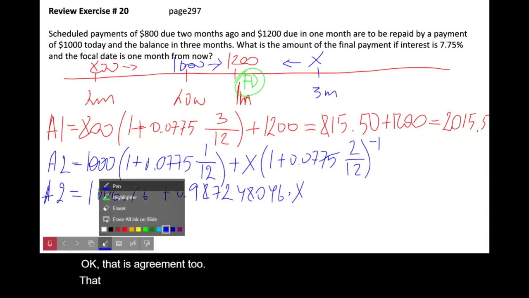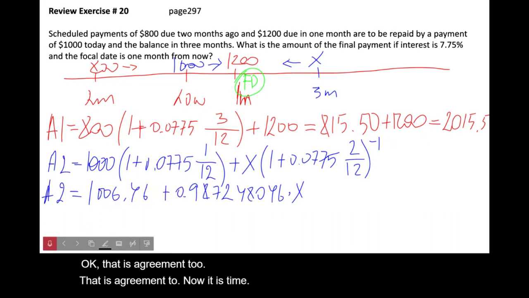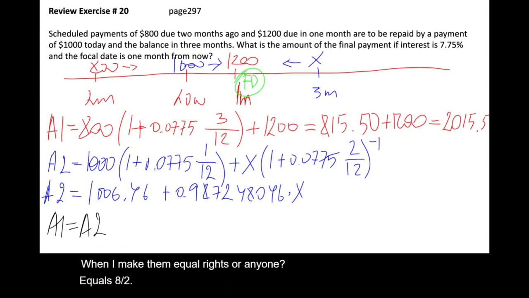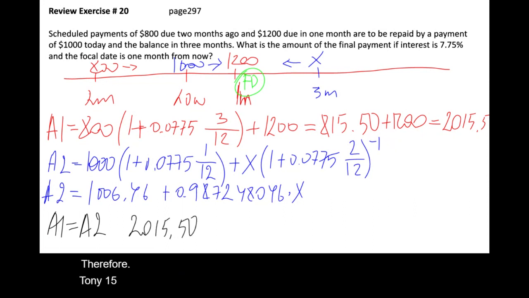Now it is time when I make them equal, right? So A1 equals A2. Therefore, 2015.50 equals this.